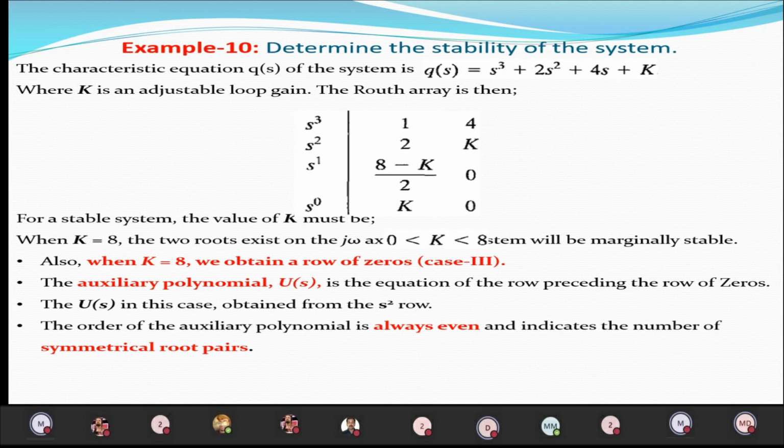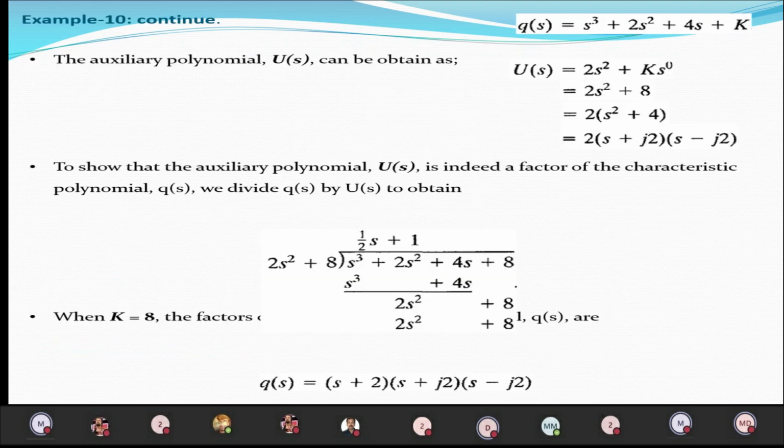Then you have to consider the differentiated equation's coefficients as the next row values, proceed with the construction of the Routh array, and check the nature of the roots. Depending upon the nature of the roots, if the roots are purely imaginary, then the roots will be located on the imaginary axis. Therefore, the system is said to be marginally stable.